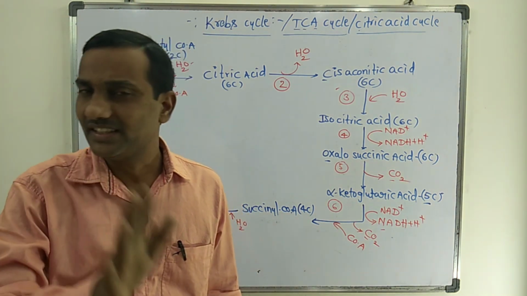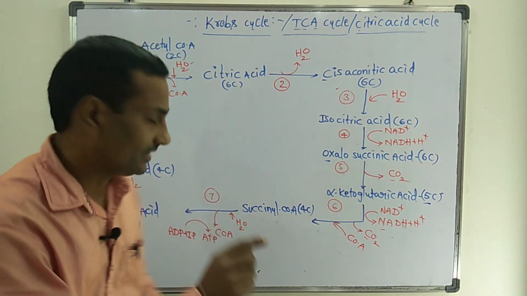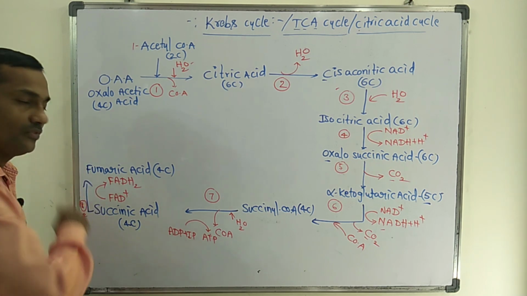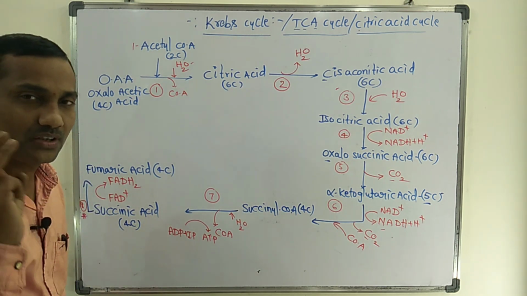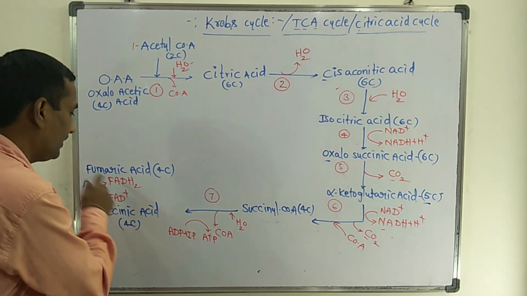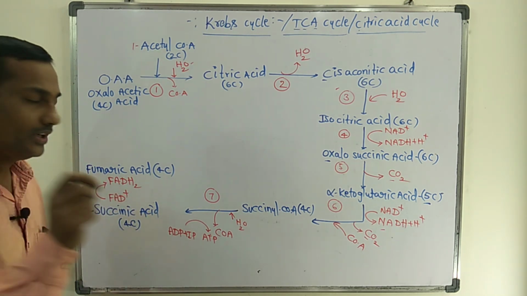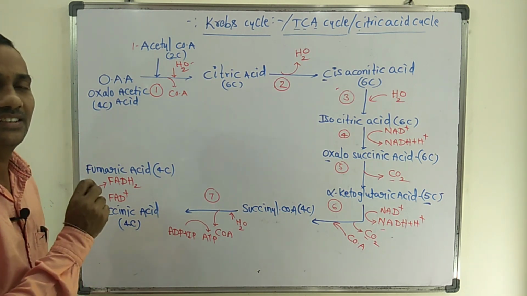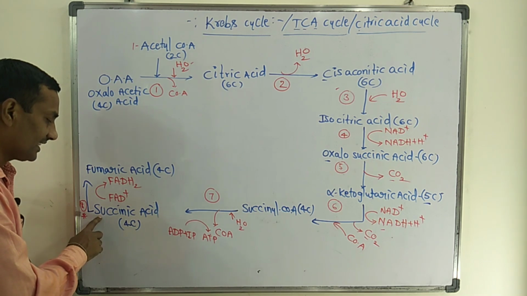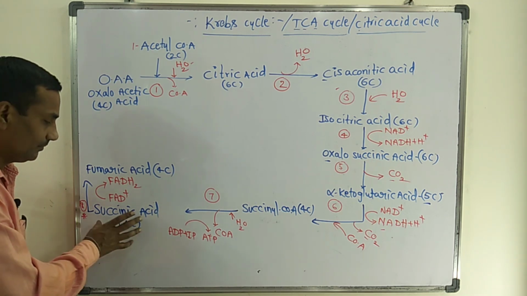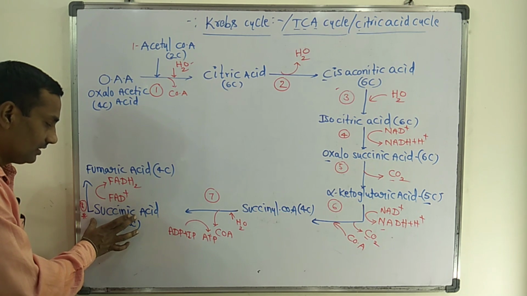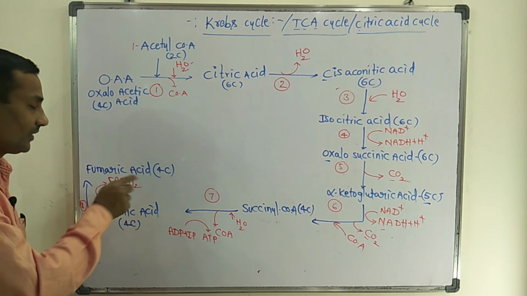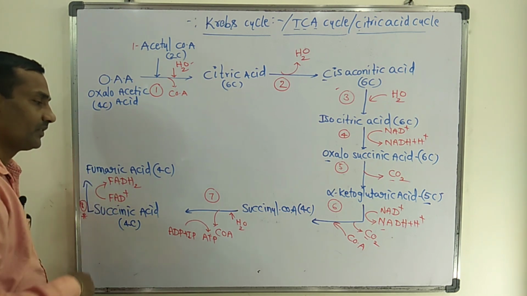Out of 4 oxidation reactions, only the 8th step, at the time of conversion of succinic acid to fumaric acid, because of oxidation 3, produces FADH2. The enzyme succinic dehydrogenase is involved in the formation of fumaric acid from succinic acid.